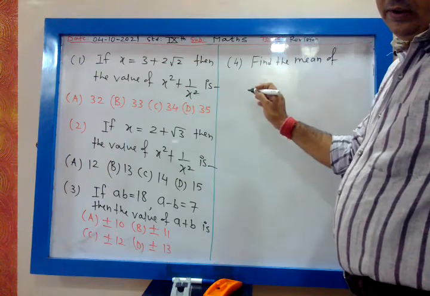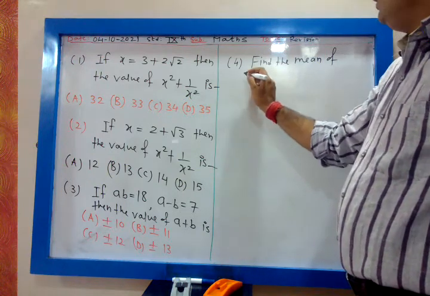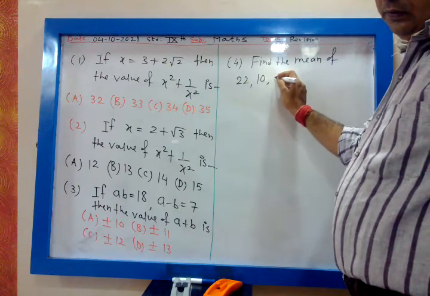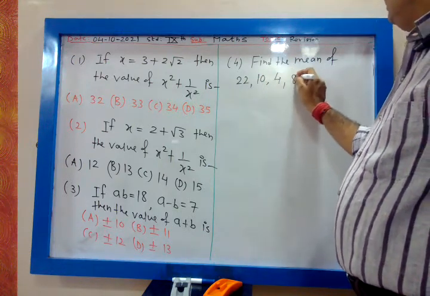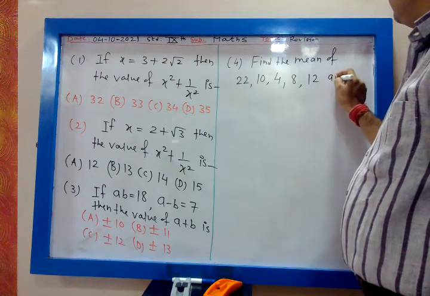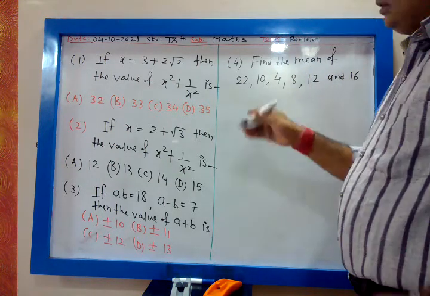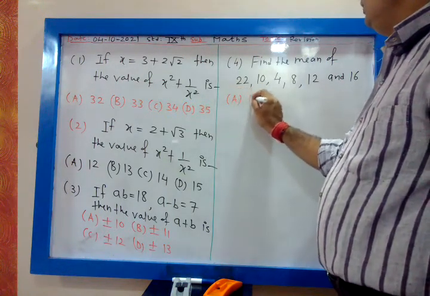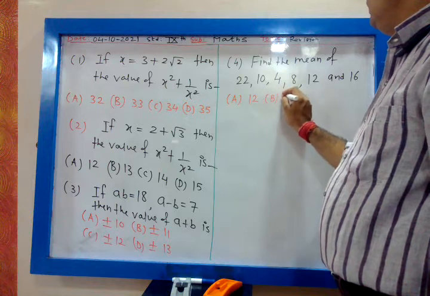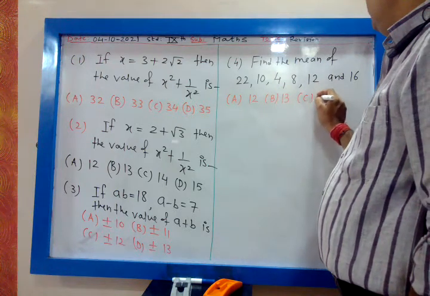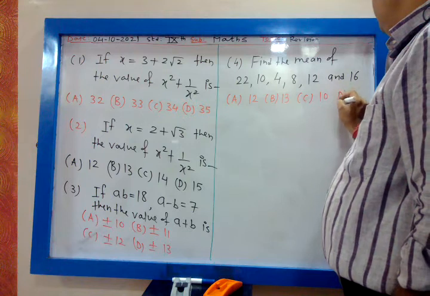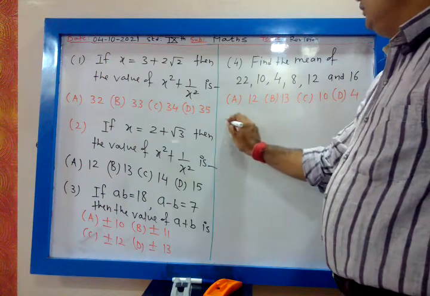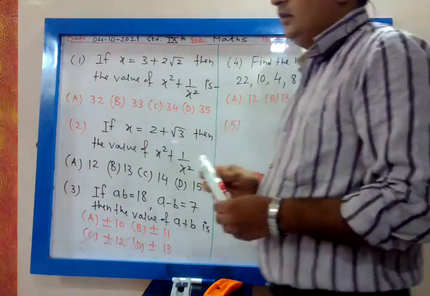Find the mean value of 22, 10, 4, 8, 12 and 16. Option A 12, B 13, C 10, D 4.